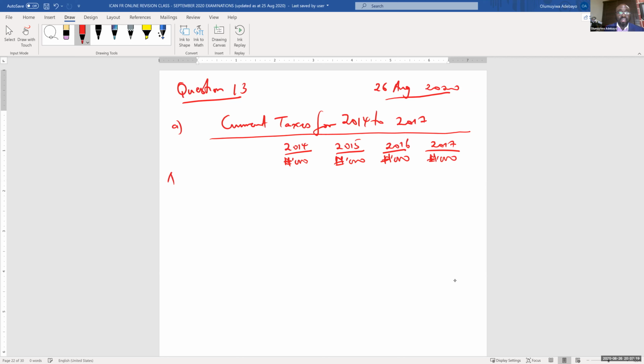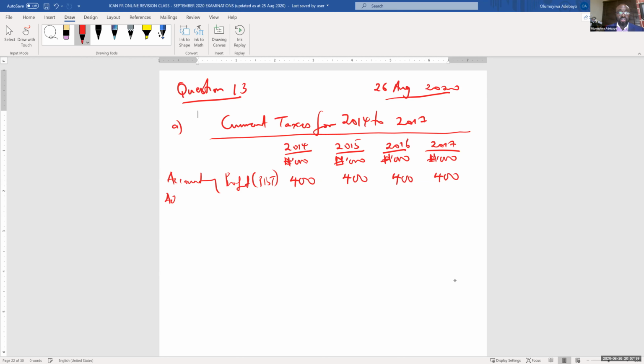Now we start with our accounting profits, which is our profit before taxes. Remember, it's fairly stable on an average of 400,000 naira per year.